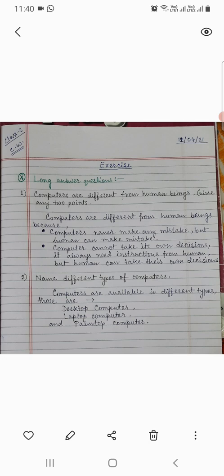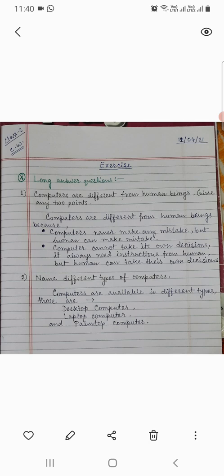Next, what we have? The second point is computers cannot take their own decisions. They always need instructions from humans, but humans can take their own decisions. Computers cannot take their own decisions because a computer is a machine.